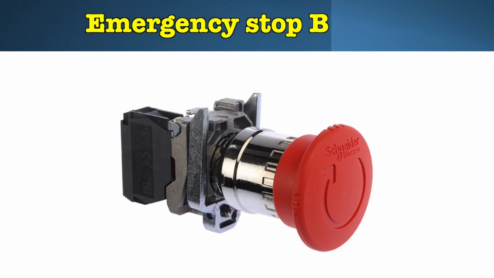Now let's talk about the emergency stop buttons. They are safety devices that enable operators to quickly halt machinery in case of emergencies. Designed for immediate action, e-stop buttons are strategically placed and easily accessible, allowing for rapid intervention to stop processes and prevent accidents or injuries.